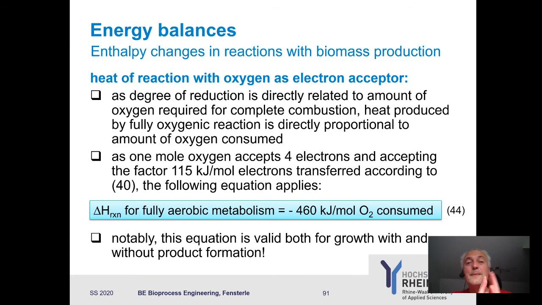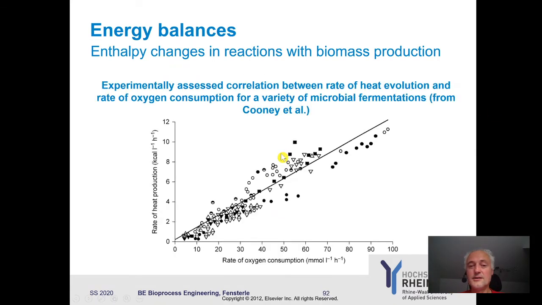In the exam, especially when you have a lack of time and when you have an aerobic metabolism, if you want to come up with a heat of reaction, of course you use the amount of oxygen which has been consumed in your reaction, because that's way faster. And if in the exam it's simply asked how much oxygen has been consumed, what is the heat of reaction, just do that. So then we go on.